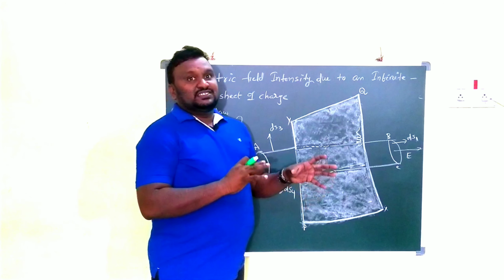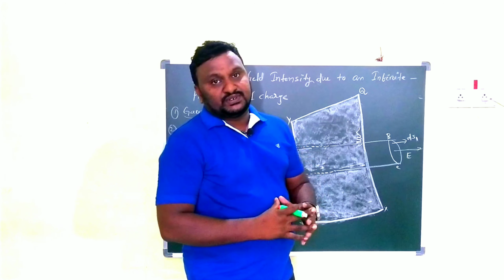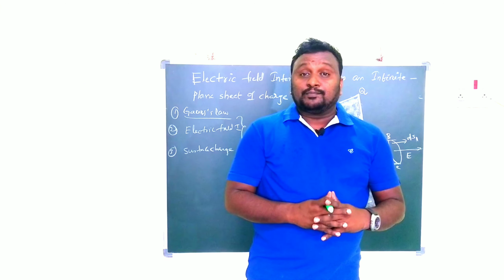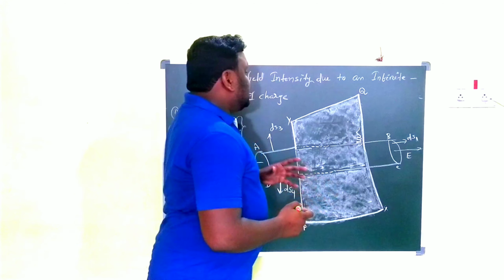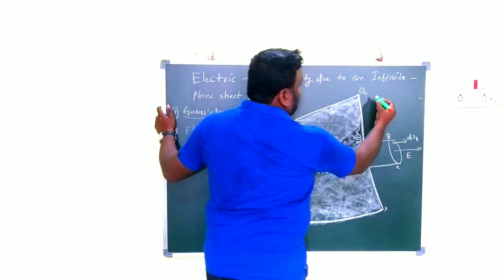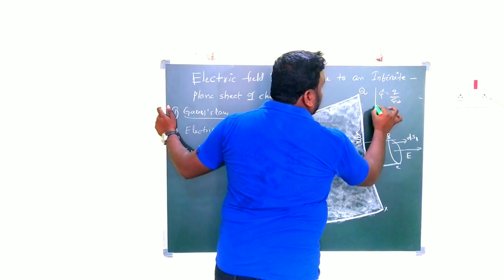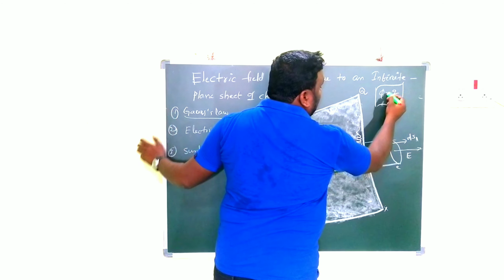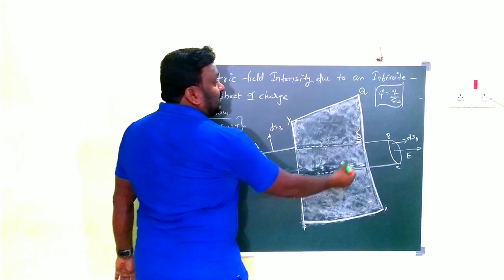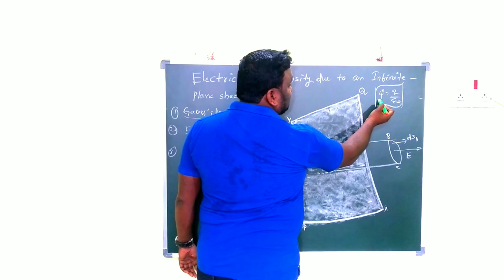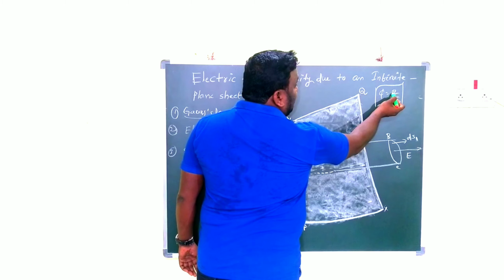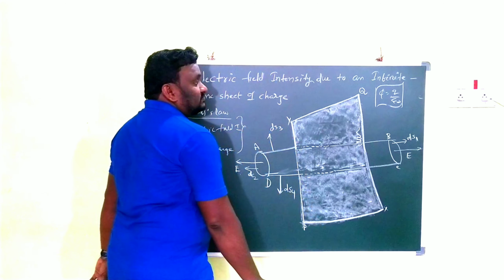I clearly explained these three things in previous videos. What is Gauss's law? Phi is equal to Q by epsilon naught. Here phi is the electric flux and Q is the net charge of a closed surface.